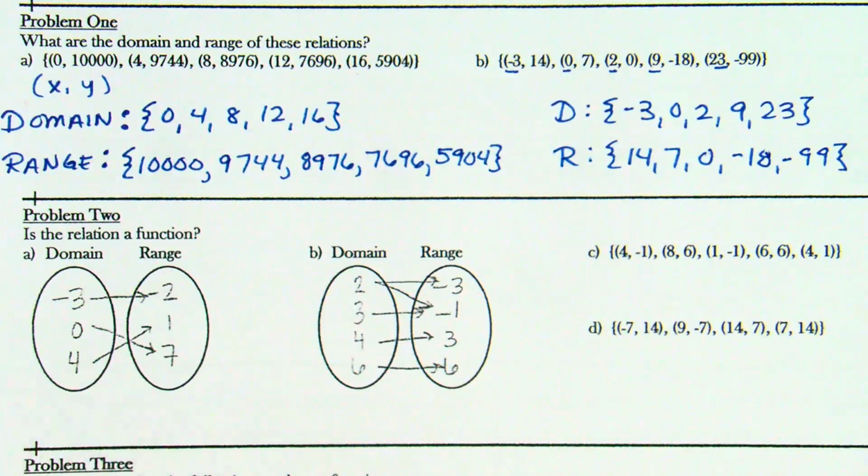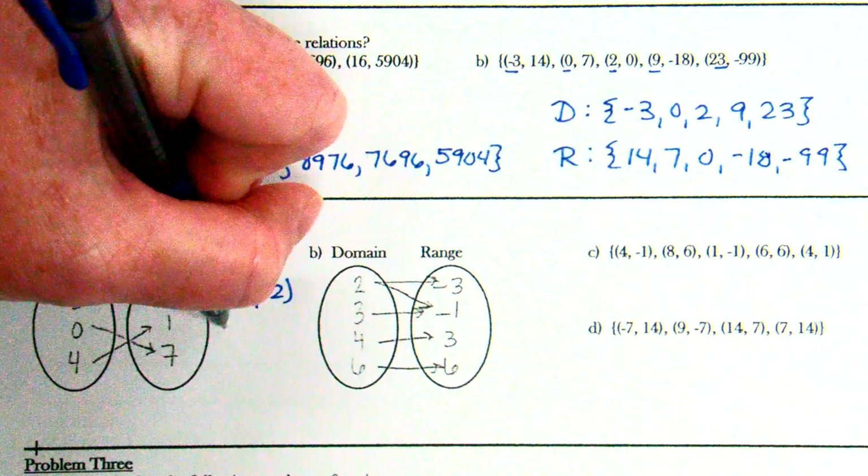So in this case, we would have -3 pairs with -2, 0 pairs with 7, and 4 pairs with 1. So that mapping represents those 3 ordered pairs.